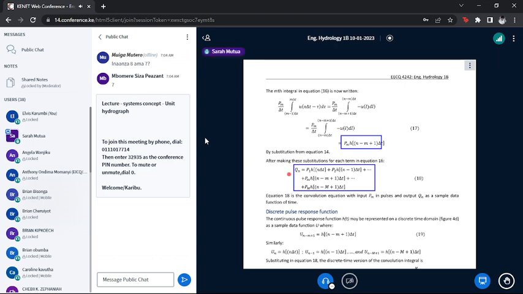So let us look at the discrete pulse response function. And this discrete pulse response function is the response given a unit pulse.